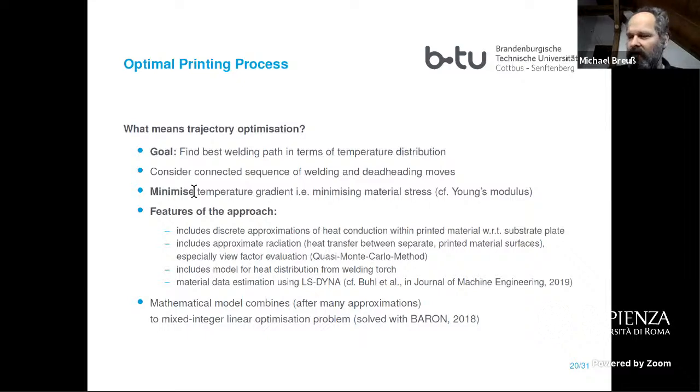You have to take into account a view factor. I will speak about this in a minute. And you have to multiply this with the corresponding areas that are visible, and you need some further constants like emissivity, of how much heat these surfaces really radiate. And of course, you have the Boltzmann constant that needs to be multiplied with this. So these are the terms that you need to take into account in each time step for the radiation.